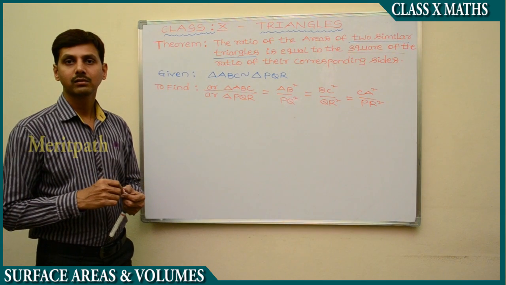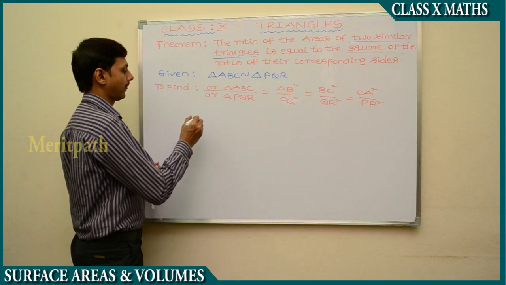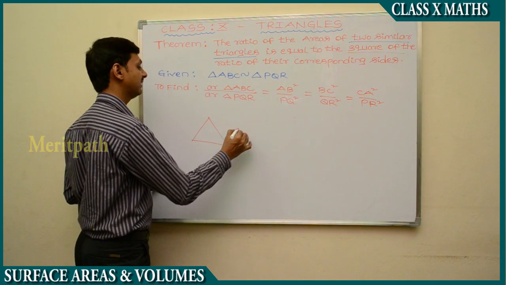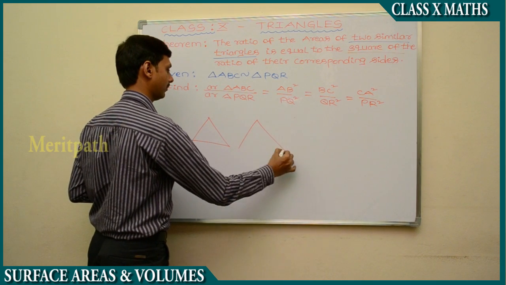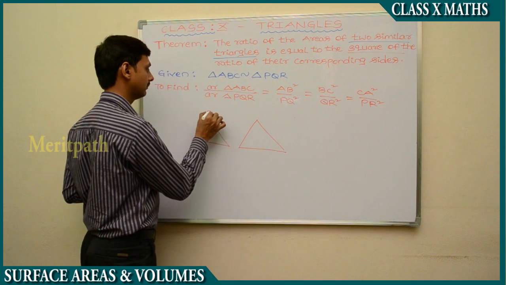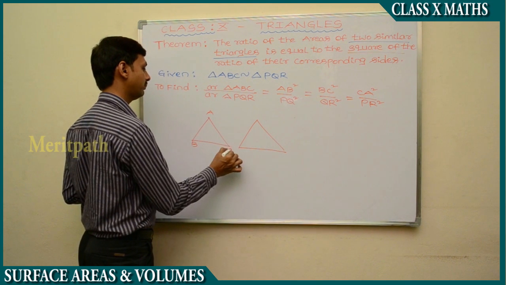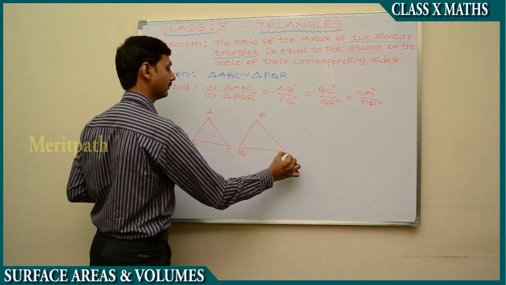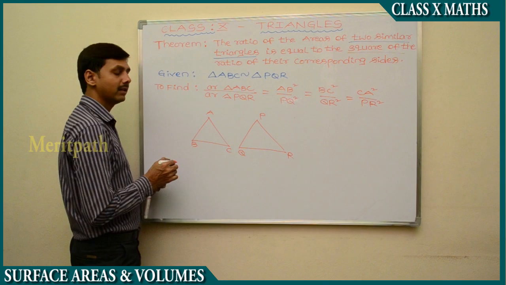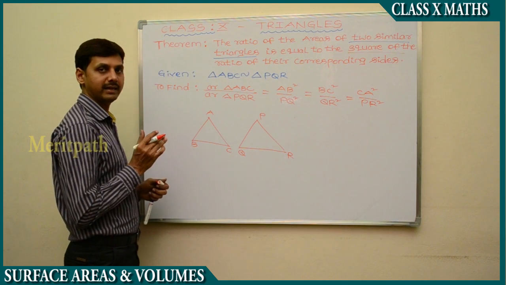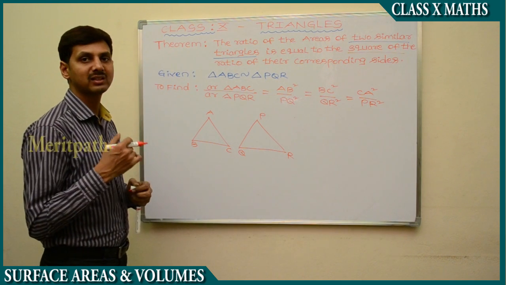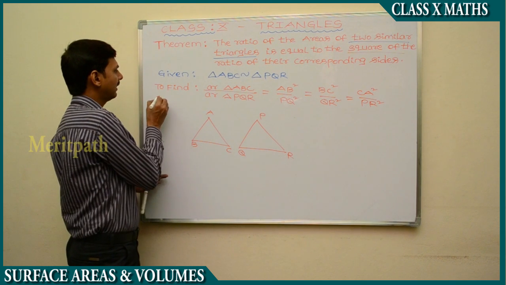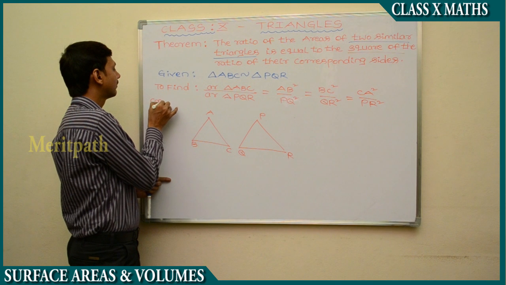So let's take two triangles, triangle ABC and triangle PQR. These are two similar triangles. It is given that they are similar. The corresponding sides are proportional and corresponding angles are equal, we know. So let's do some construction.